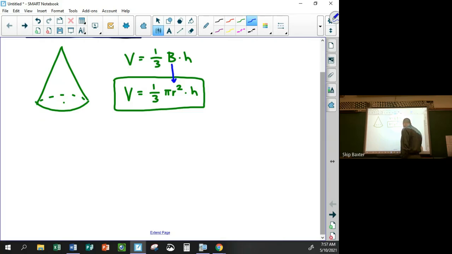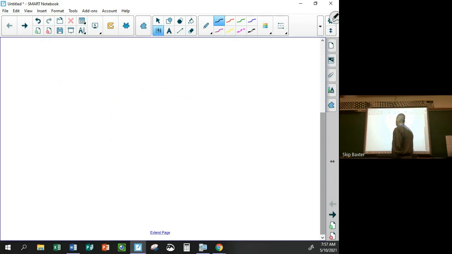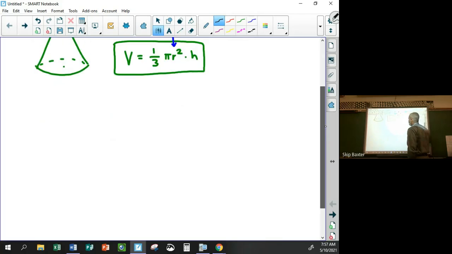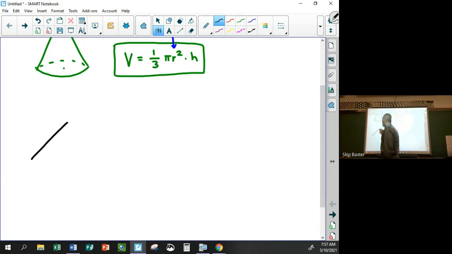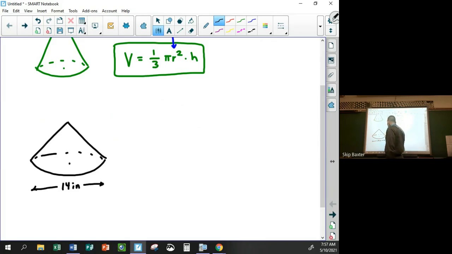Okay? So suppose it was a cone like this, and let's say this was 14 inches across, and the perpendicular height right here is 10 inches.